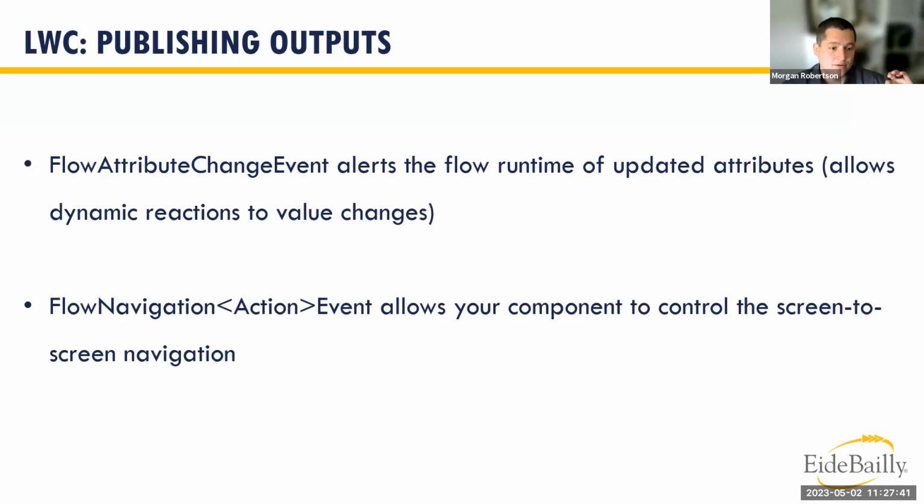If you want your component to be reactive with other components on the page, let's say I put a property in to my screen, and I want something to change elsewhere based on that screen shown, based on the value I pick within my component, that's when you use the flow attribute change event, because it will publish that change and the rest of the flow screen reacts to that change immediately instead of waiting for the next button or for it to go through a validation sequence.